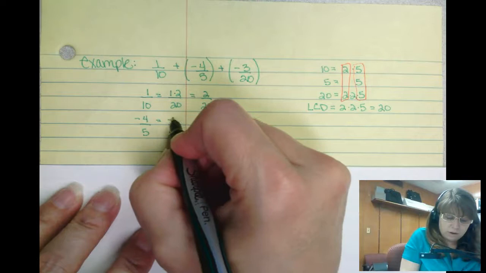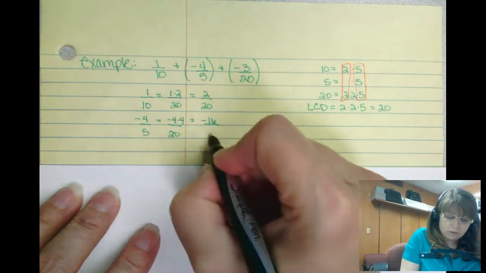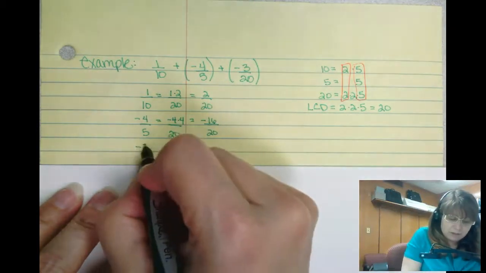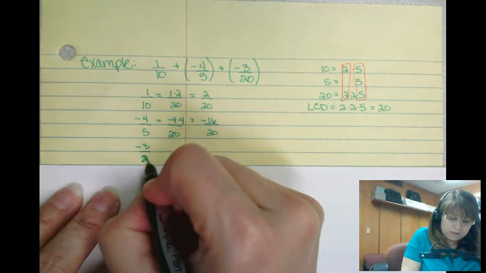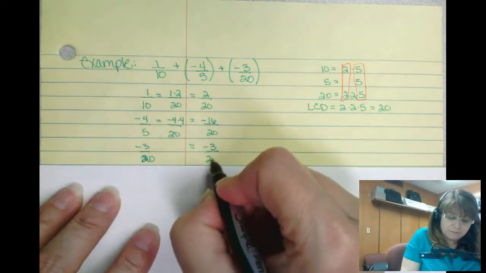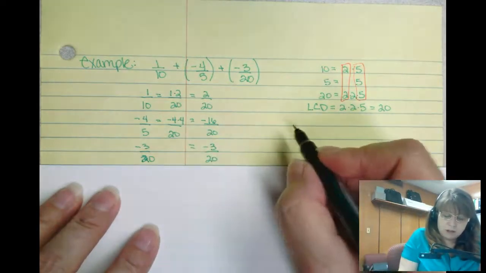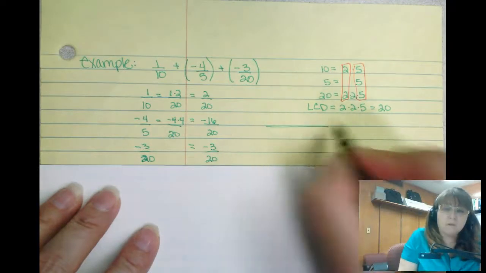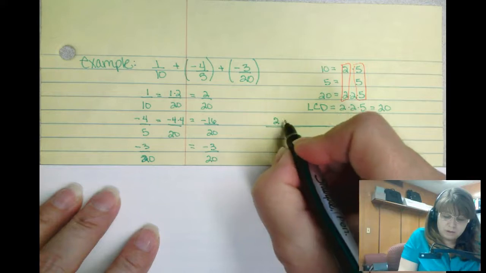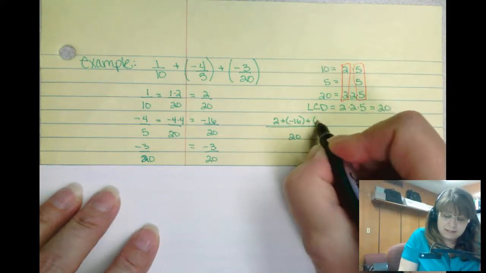So negative 4 times 4 is a negative 16 over 20. And lastly, negative 3 over 20, well, that's just negative 3 over 20. Now they all have the same denominator, so I'm actually going to write them over a long fraction. 2 plus negative 16 plus negative 3.